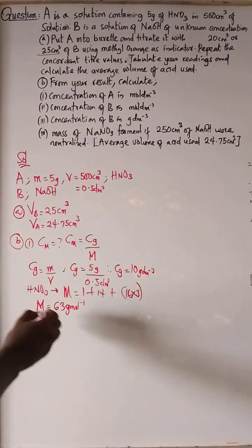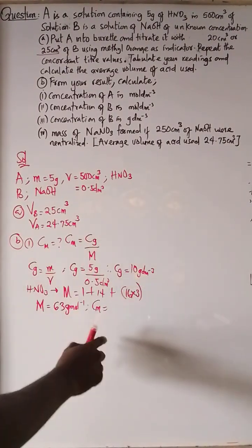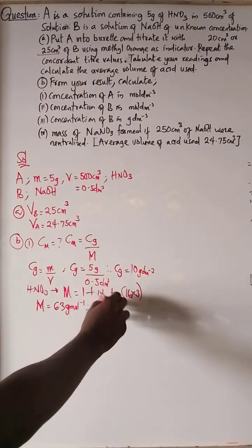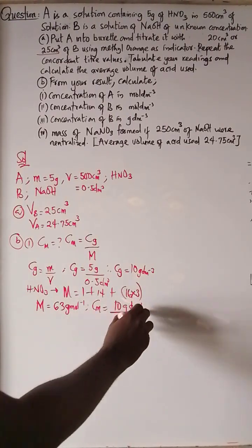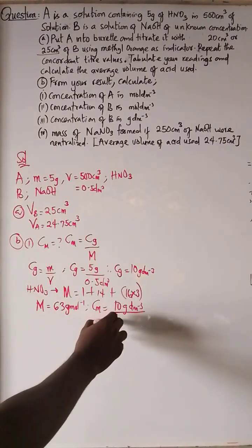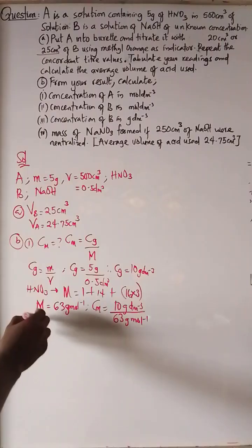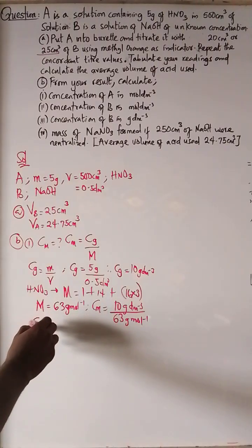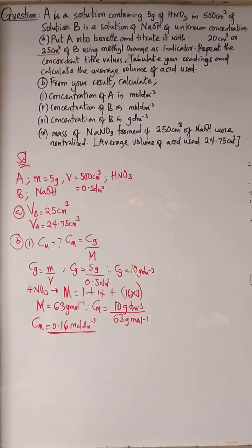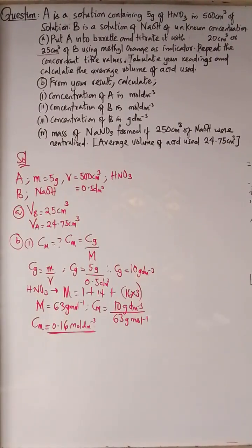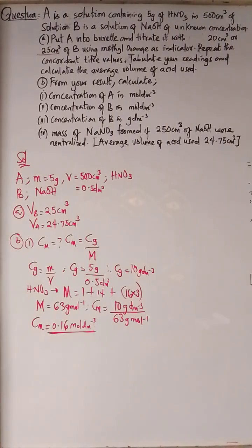So the molar concentration is the mass concentration, 10 gram per dm3, over the molar mass, 63 gram per mole. The molar concentration is going to be 0.16 mole per dm3. That's CA.